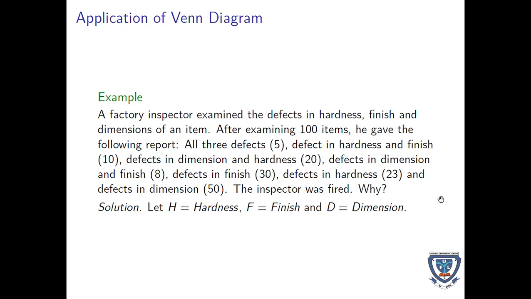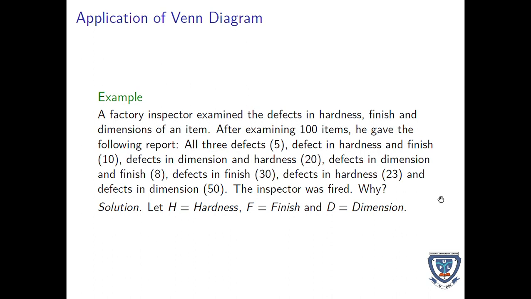Here is another example where you can apply the Venn diagram. A factory inspector examined the defects in hardness, finish, and dimensions of an item. After examining 100 items, he gave the following report: all 3 defects, there are 5 items, defects in hardness and finish are 10, defects in dimension and hardness are 20, while defects in dimension and finishing are 8.